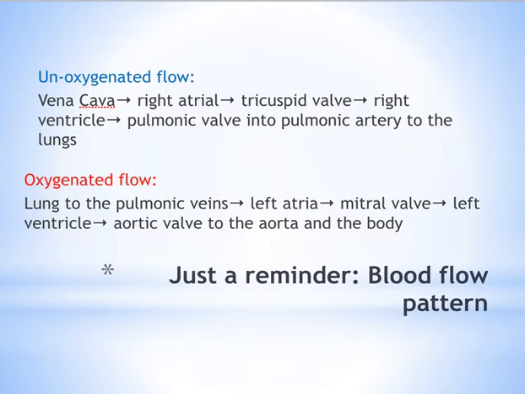With left-sided pumping problems, it can back up to the lungs, and if it's really bad, right on through to the right side of the heart, and there can be an inadequate supply to the body pumping out. So that plays a role in heart failure.